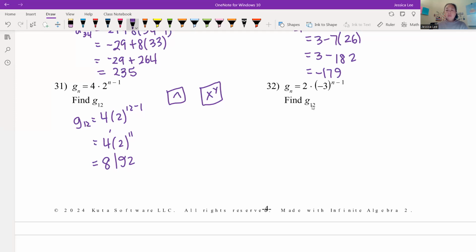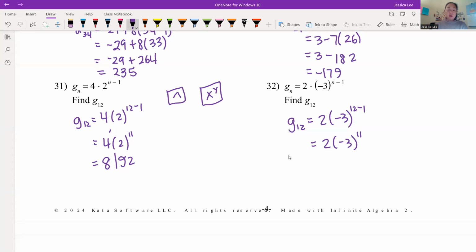All right. Again, here we're going to find the 12th term. We're going to plug in n as 12 minus 1. So this is going to be 2 times negative 3 to the 11th power. Okay, again, to the 11th power. So 2, and this one you really need to put in the parentheses. If you don't, you have a chance of getting it wrong, because sometimes it'll be right and sometimes it'll be wrong.